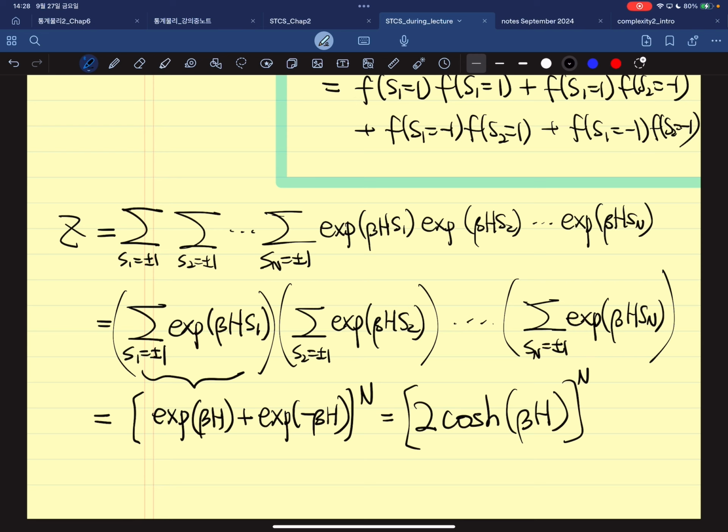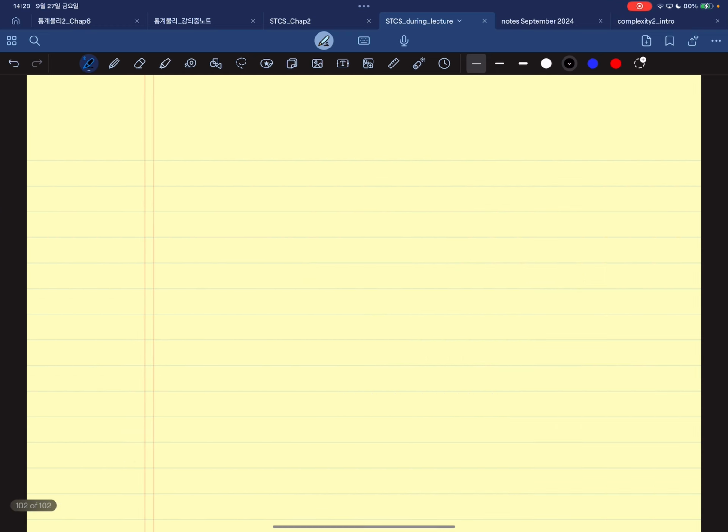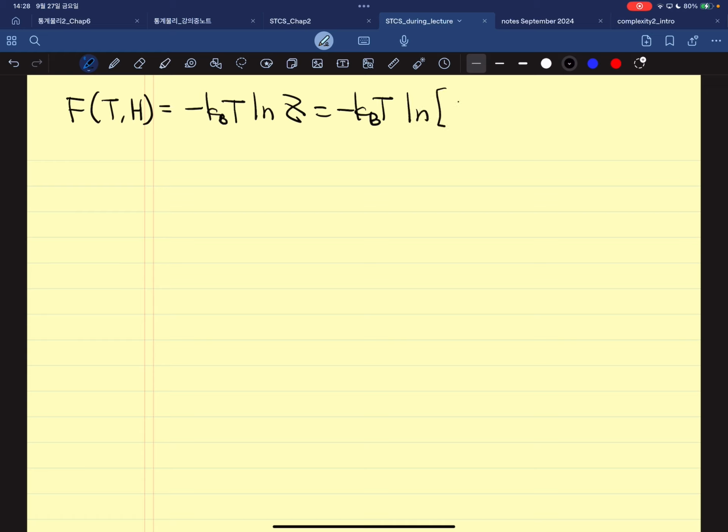So since we already solved almost everything about the non-interacting spin or paramagnetic system, because we already calculated the partition function, and the partition function is like this, the free energy is minus kBT log of the partition function. So it's minus kBT log of twice the hyperbolic cosine.